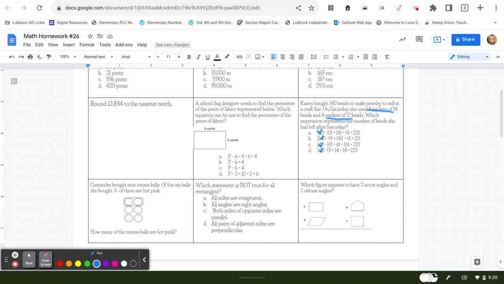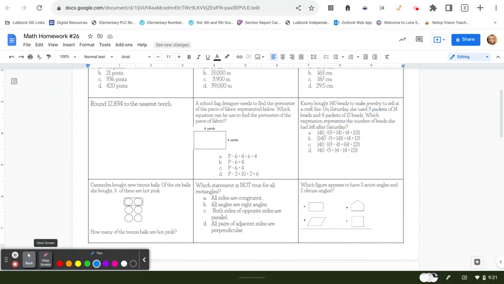She has 3 packets times 14. Yes, no, yes. And 4 packets times 12. Yes, no, yes. The thing that's missing on this one is some parentheses here. So our correct answer is going to be A, because it allows you to subtract last.